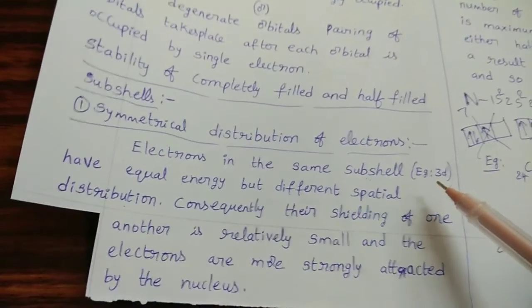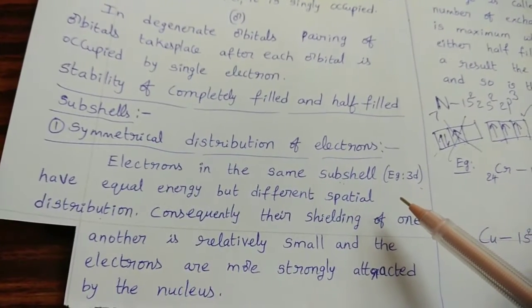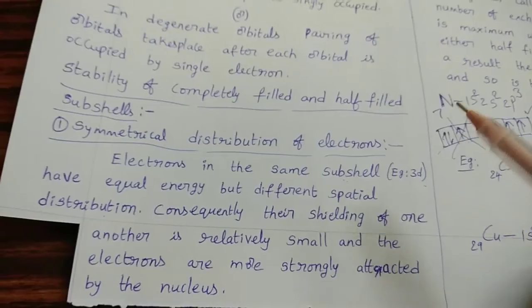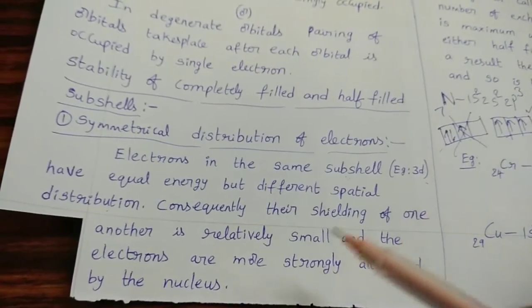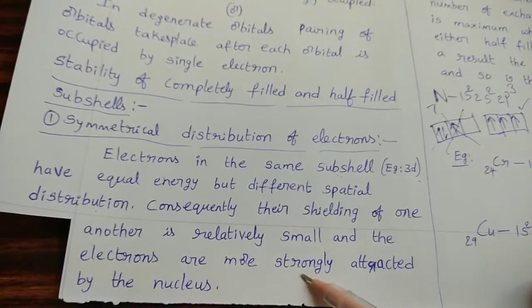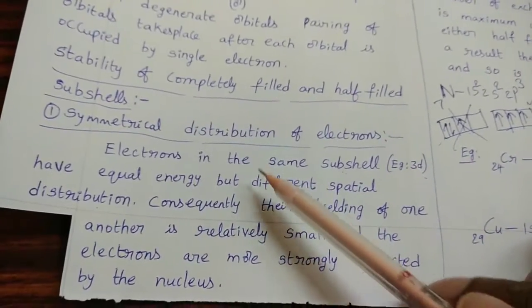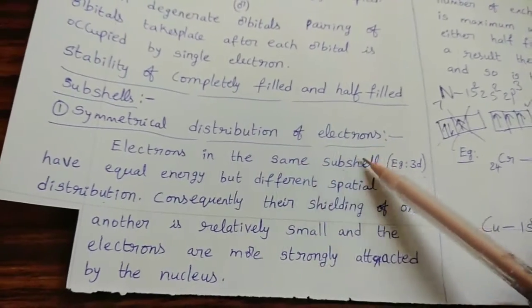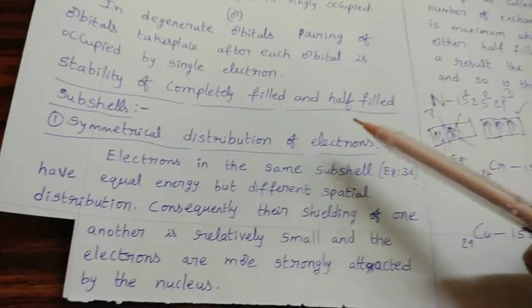All these orbitals have the same energy. That's why one electron cannot shield another electron to a great extent. That shielding is very, very small, and the electrons are more strongly attracted by the nucleus. So because of the symmetrical distribution of electrons in degenerate orbitals, their stability is more.